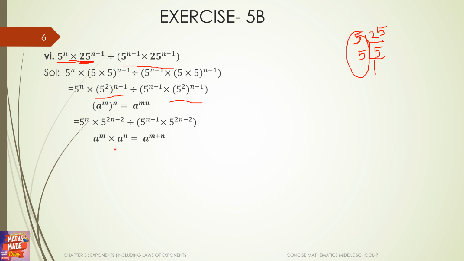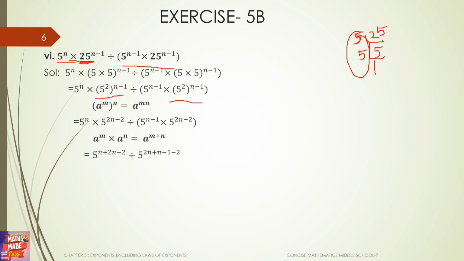So a to the power of m into a to the power of n is equal to a to the power of m plus n. So 5 to the power of n plus 2n minus 2 divided by 5 to the power of n minus 1 plus 2n minus 2. Sorry, I have read it out wrongly, children.